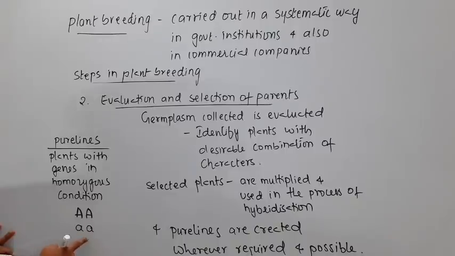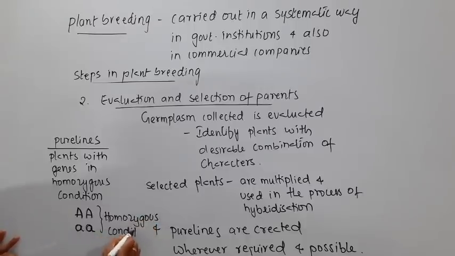In the same way, if one is recessive and the other is also recessive, this is also homozygous condition. But if one allele is dominant and the other is recessive, then it becomes a heterozygous condition.